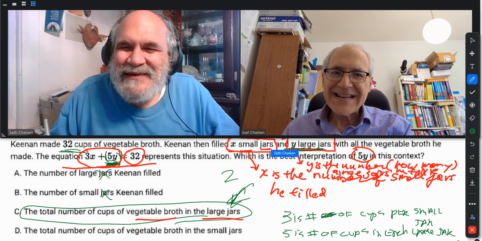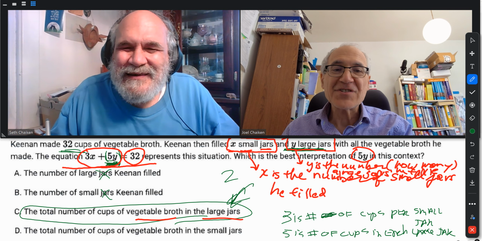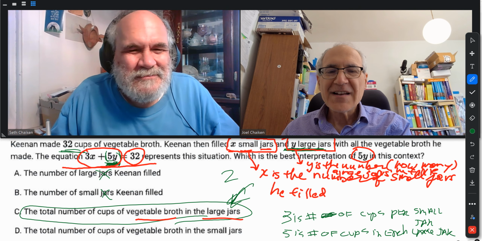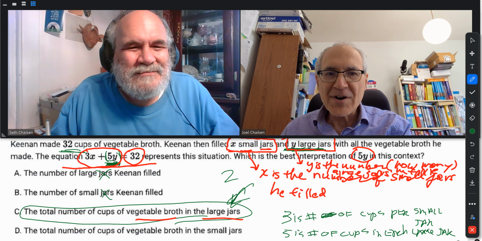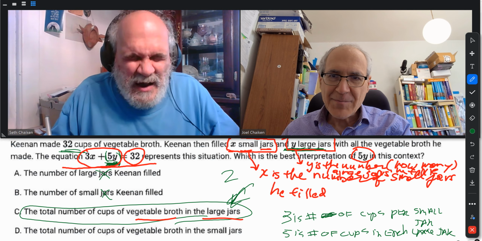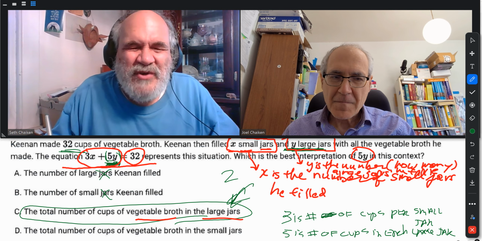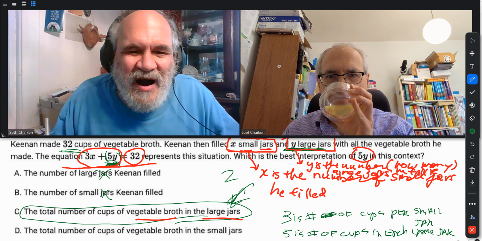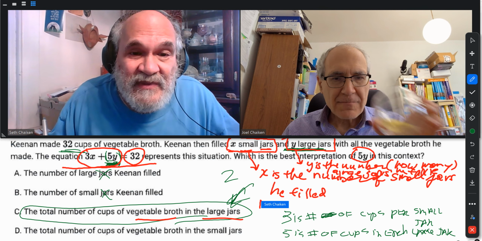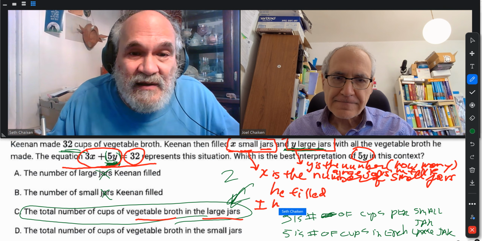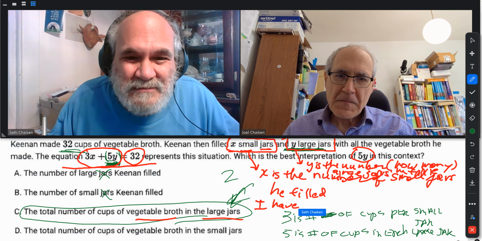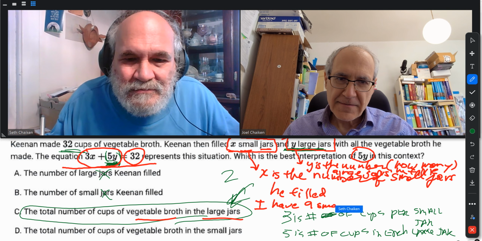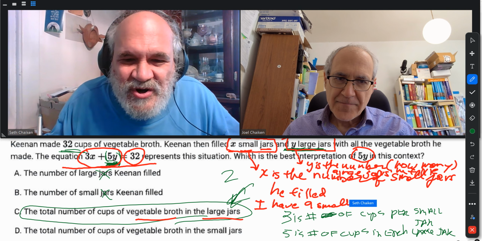I know, but it's not right. They should have said let X be the number of small jars Keenan filled. However, suppose you wrote something in English: I have 9 small jars. Right.